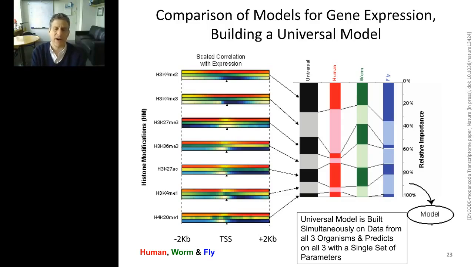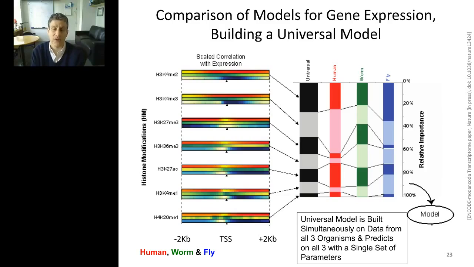That maybe reflects the fact that in human there's a different scale to the upstream region than in worm and fly. So, given the structure we have for the models, we can imagine combining them and simultaneously building a model that would work without change on all three organisms: human, worm, and fly.